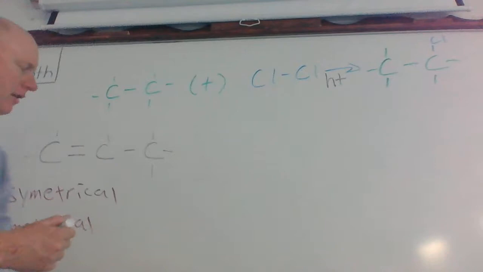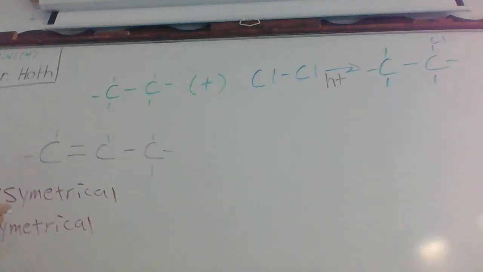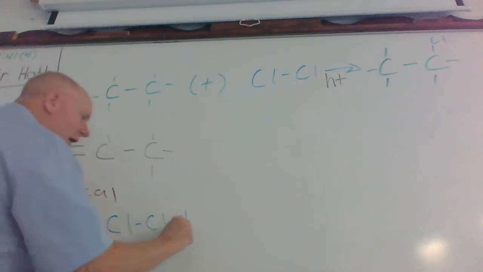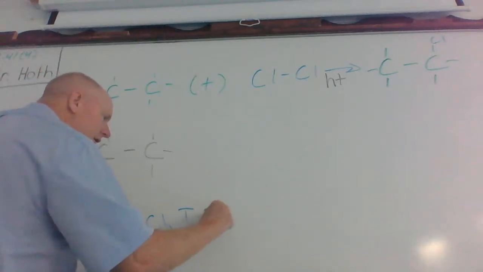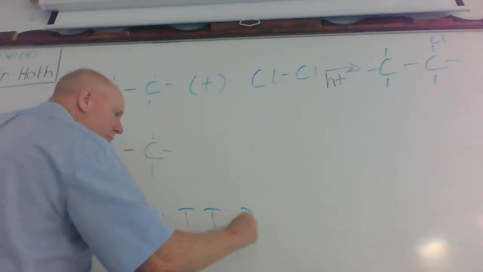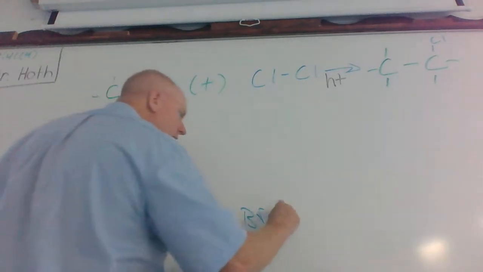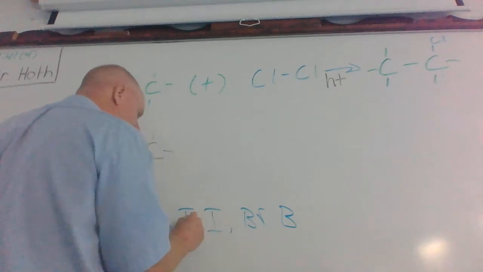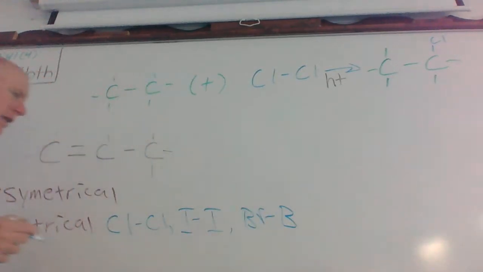That is the symmetrical type. So we've got chlorine, you could have two iodines and bromines, with a bond in between them.